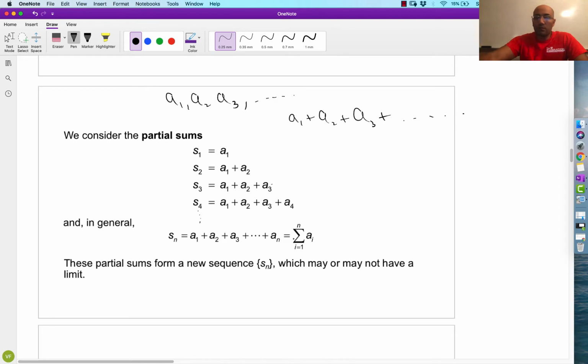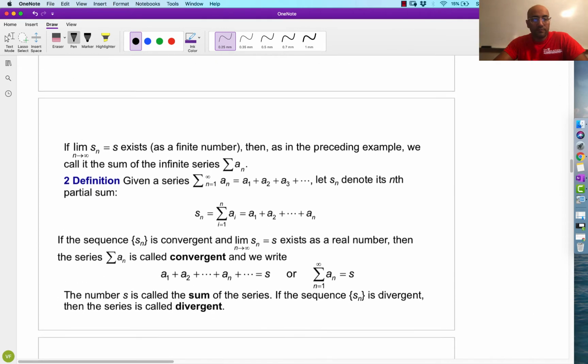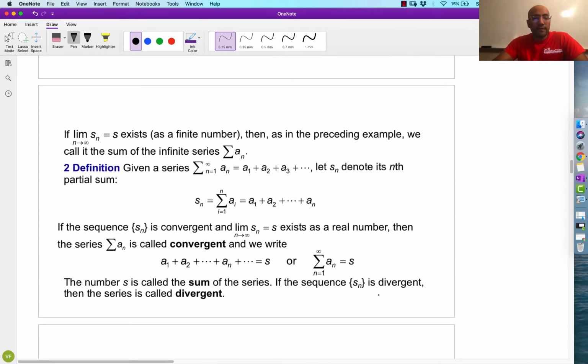Okay, so we are interested in figuring out if the partial sums head towards somewhere, if they have a limit themselves. So if the limit as n goes to infinity of S sub n equals some s, the notation is a little weird here, so pay attention to the fact that here we have S sub n, so this is partial sums, and then equals some s with no sub n, just the letter s.